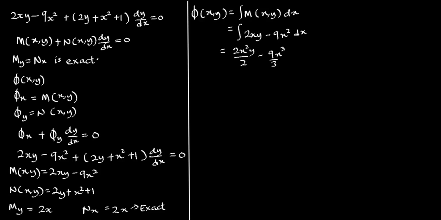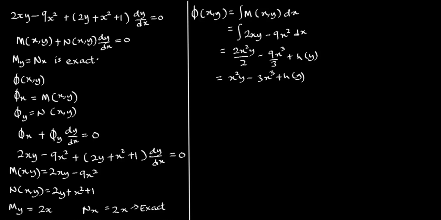Then, instead of a constant of integration, because we are not getting the complete solution, we bring in a function of the other variable y, so that we can find the remaining part of the phi(x,y) function. Simplifying, we get x squared y minus 3x cubed plus h of y.